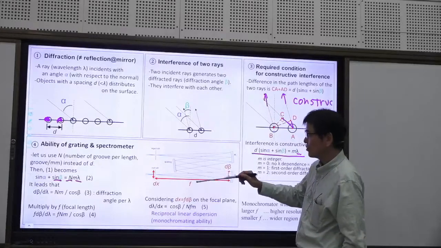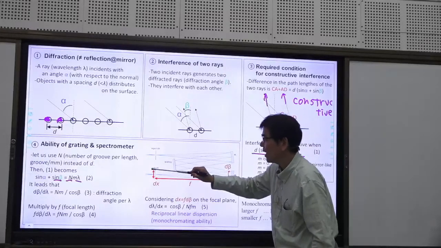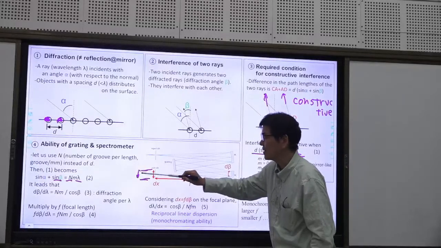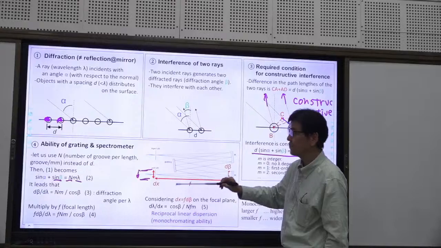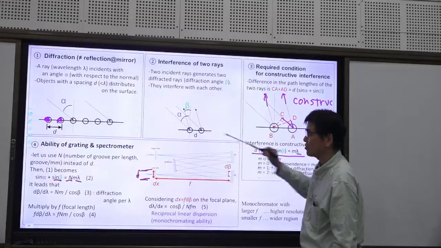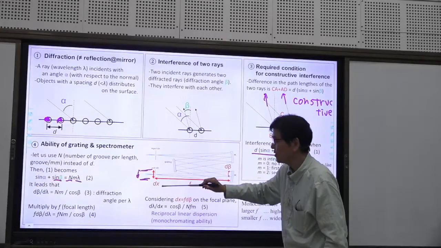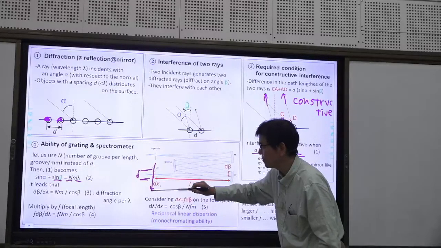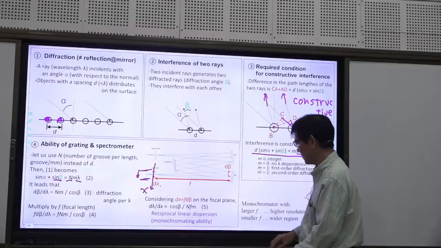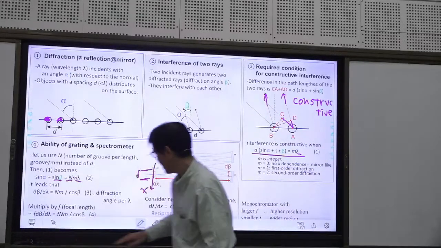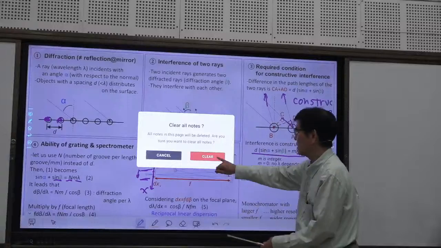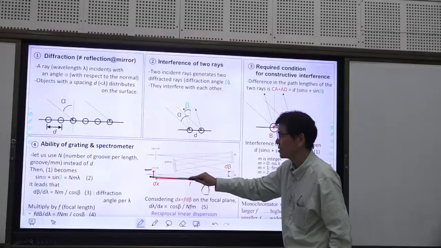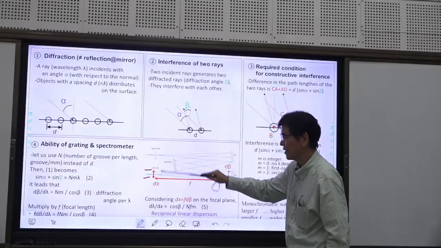We want to know how largely two colors are separated at the exit slit. This is the performance of the monochromator. So let's call this axis x, and calculate the distance of two colors on this plane.